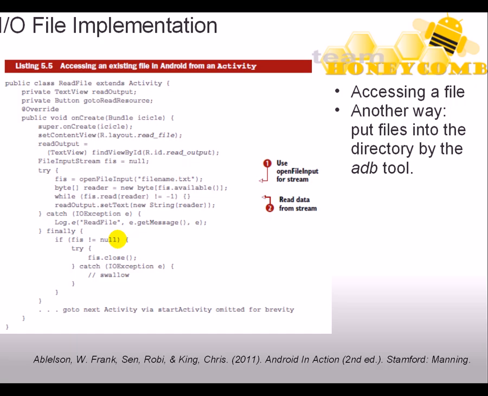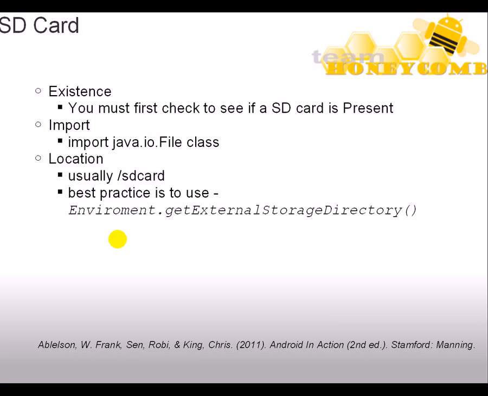So our last question is, what special considerations must be made, if any, to read and write SD cards? So the first thing to consider is existence. You must first check to see if an SD card is present. If there is no SD card present, then you have to find and use another storage mechanism. The next consideration is import.